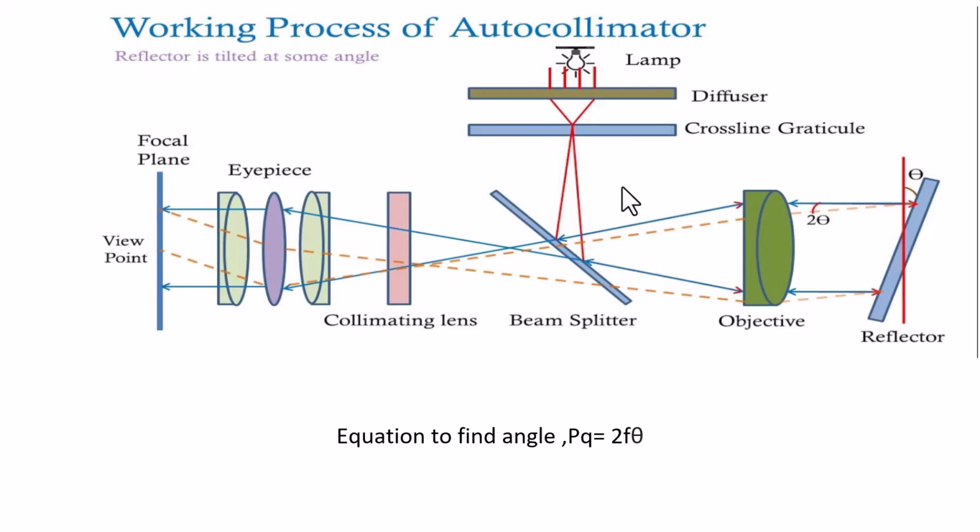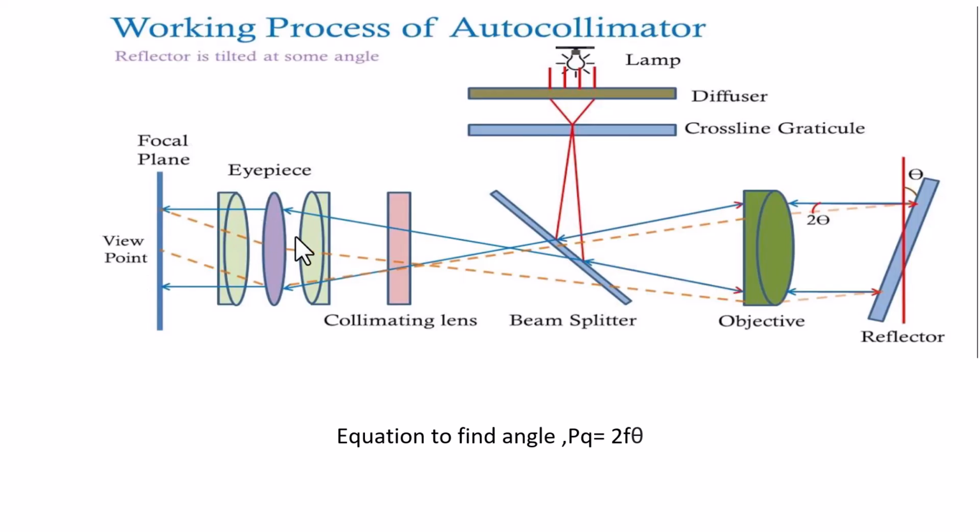How is the autocollimator working? Before that, you must know the different parts of this. There is a focal plane, where we take the dimensions for the final calculation. The eyepiece is there, the viewpoint is there.